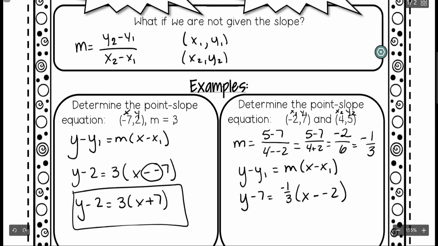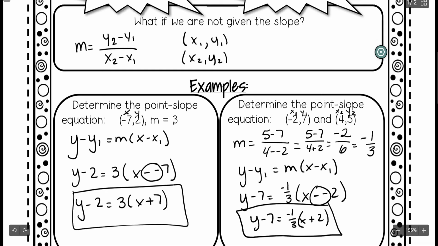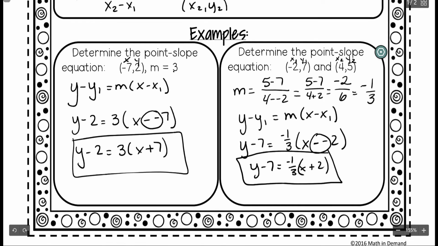So we know that this can still simplify. y minus 7 is equal to -1/3 x plus 2. If you had used the other point, you would have gotten y minus 5 is equal to -1/3 x minus 4. Again, either answer would be correct, but you don't need both of them.